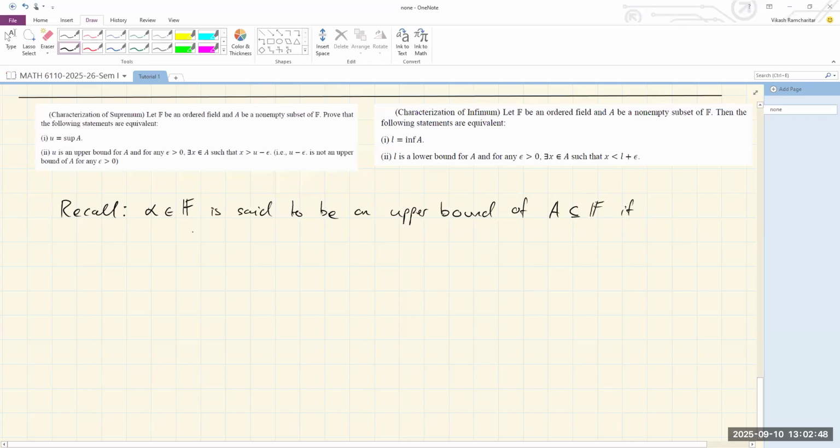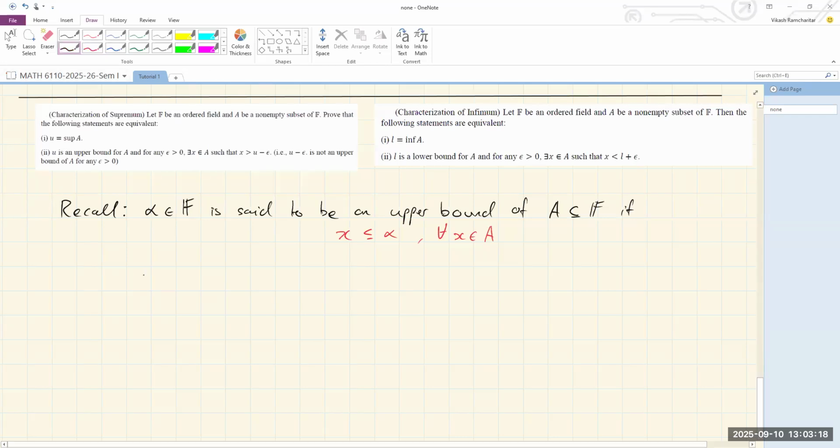If, as we recall in the definition, it's an upper bound, it means that all the elements in A must be less than or equal to this alpha. Okay, and this must hold for all elements in A. So upper bound simply means everything in A is smaller than it.